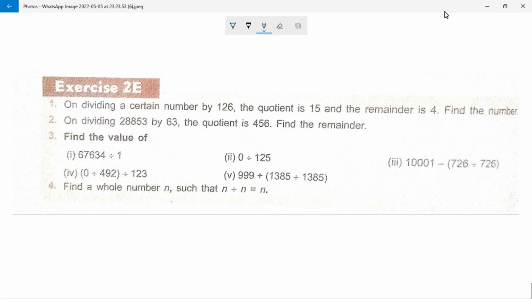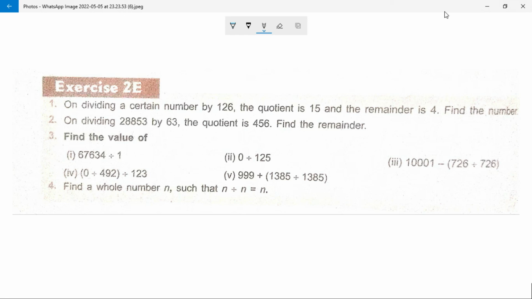This is exercise 2E. In this exercise you are going to learn about division. So first of all you need to write down the division algorithm. That is, one formula you have to write here.